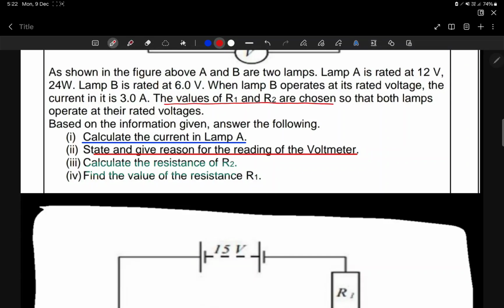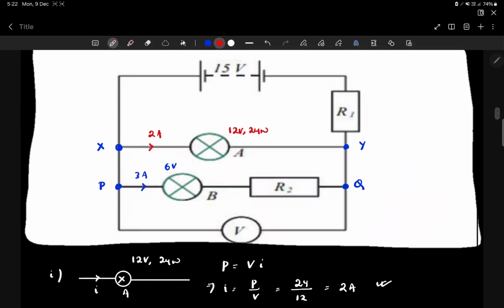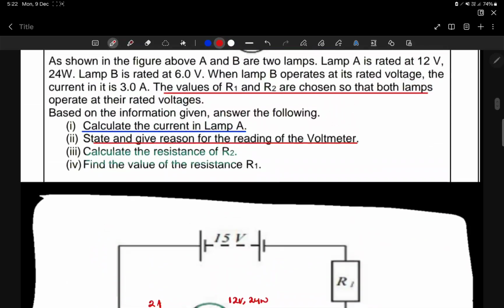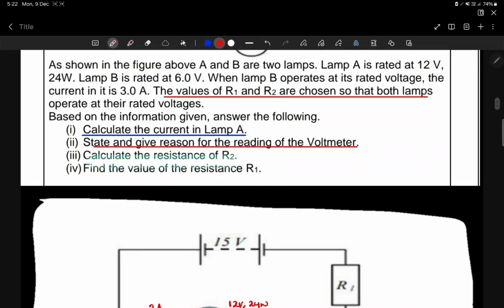the values of R1 and R2 are chosen so that both lamps operate at their rated voltage, and in this figure we have mentioned the rated voltage of lamp B, that is your 6 volt. It is given. See it properly. Lamp B is rated at 6 volt.